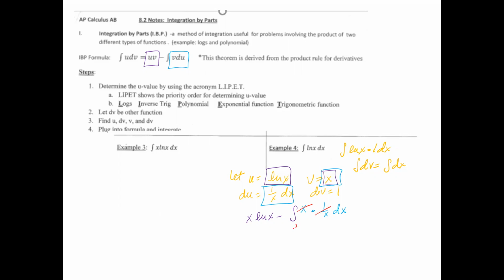So this part over here really becomes the integral of 1 dx, and the integral of 1 is just going to be x. Don't forget your x ln x. So if you factor it out, you can have x times (ln x minus 1) plus c. And that is your answer.